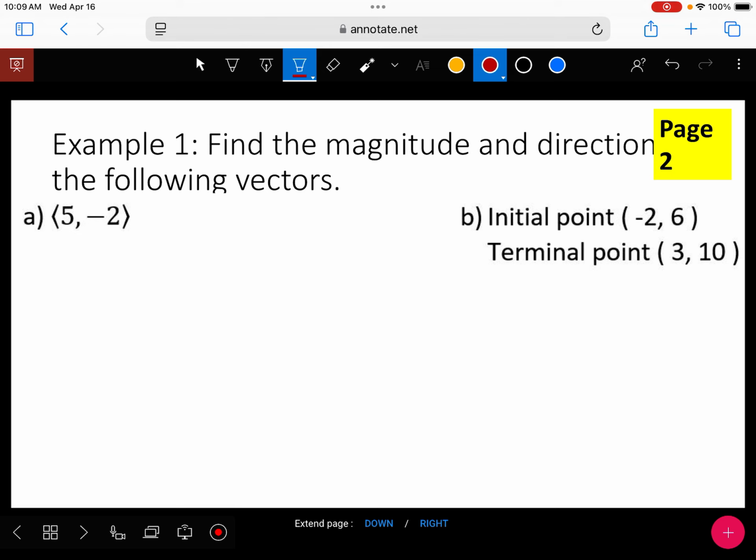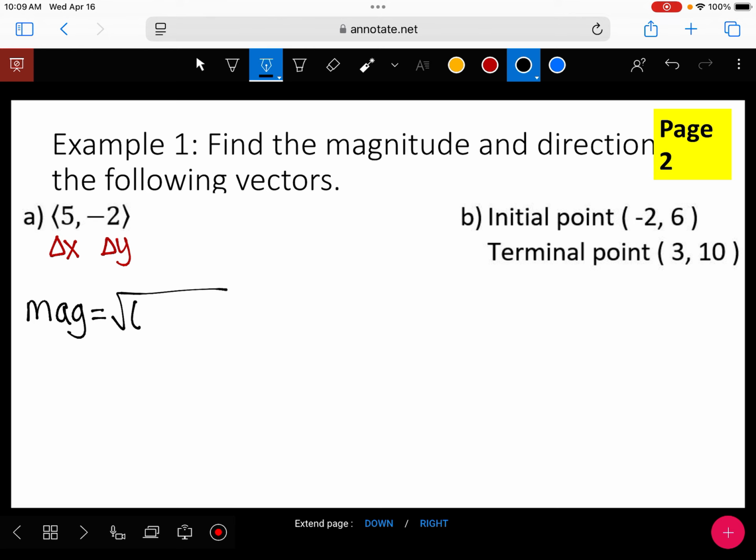So let's look at A. A is already in vector form. Notice that we have our pointed parentheses. So I know that this is my delta x and this is delta y. So we can find our magnitude and our direction. So our magnitude would equal the square root of 5 squared plus negative 2 squared.